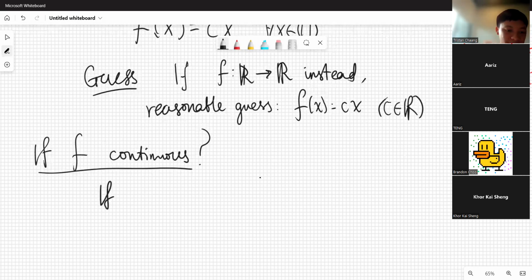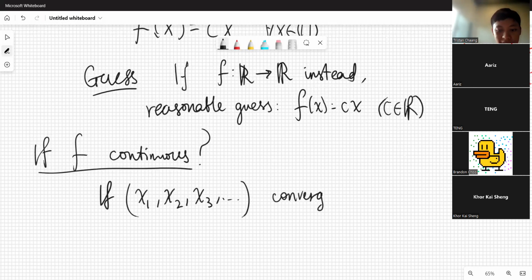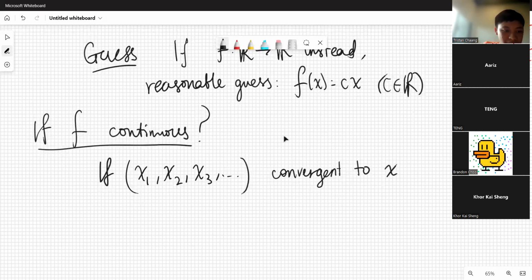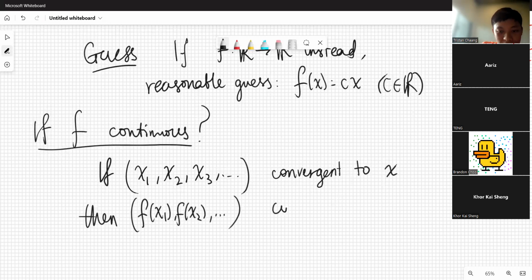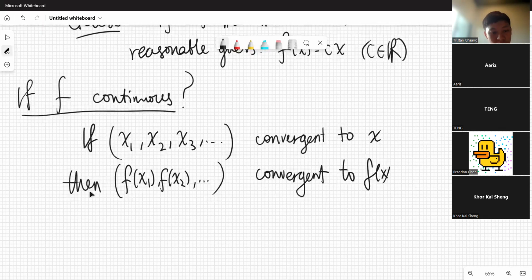So if x1, x2, x3, and so on, if this sequence is convergent, let's say to some number x, then f(x1), f(x2), and so on, this sequence is also convergent to f(x). So I'll use this definition of continuity. And this is one of the formal definitions you can prove.